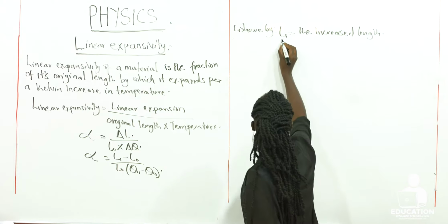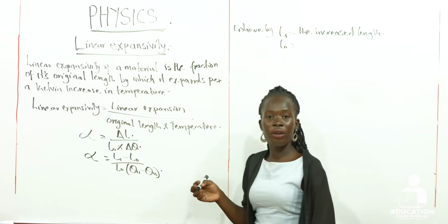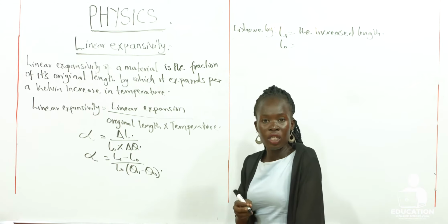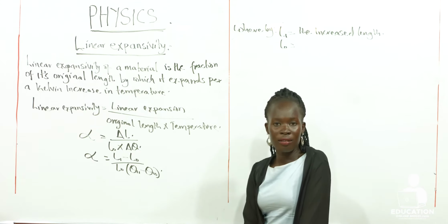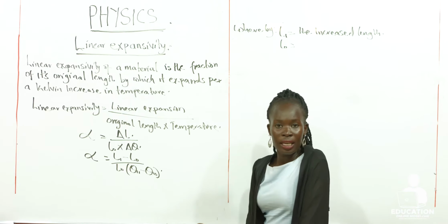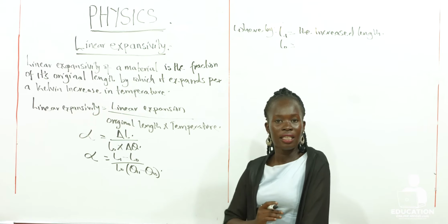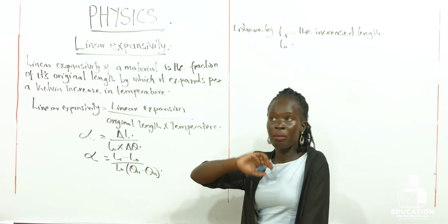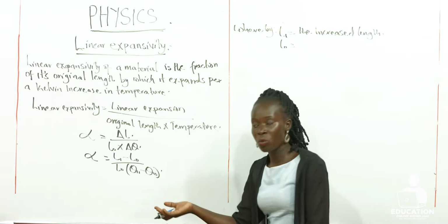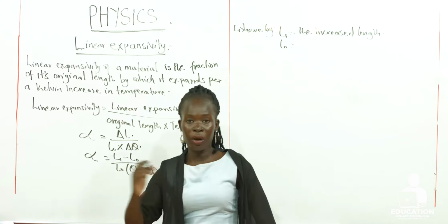Our L naught here gives us the original length of this material. If it was 100 centimeters before you heated it, that is our original length. After heating, it may have increased by 0.1, so that it becomes 100.1.